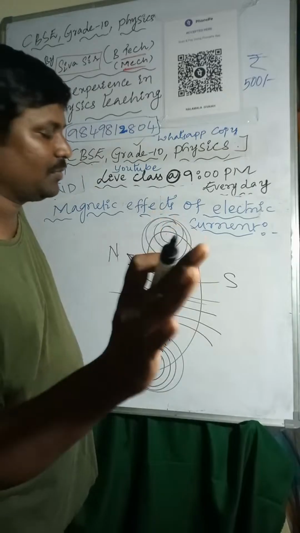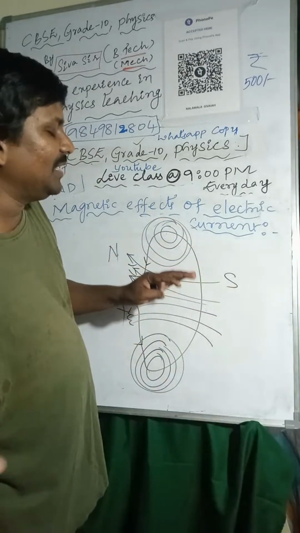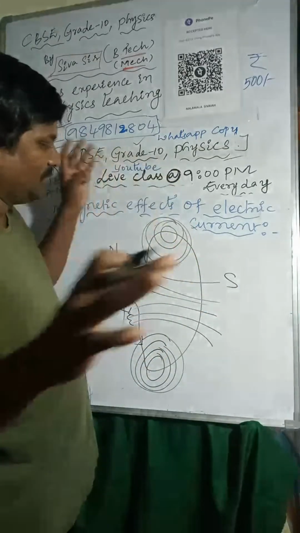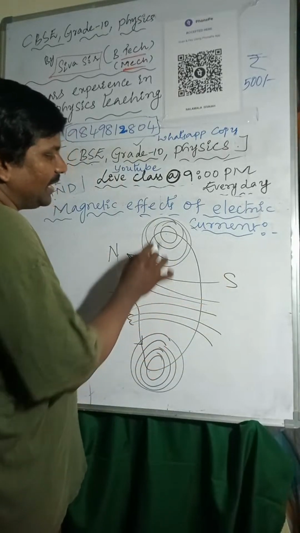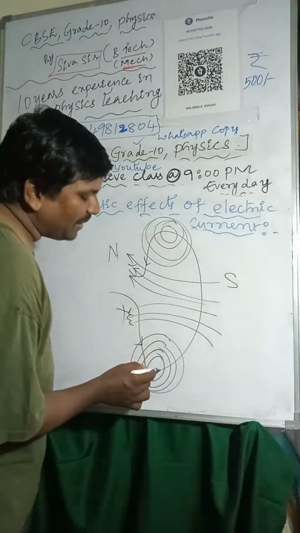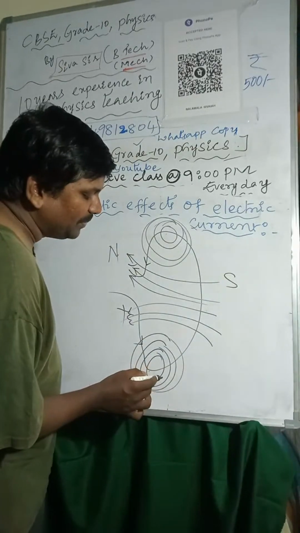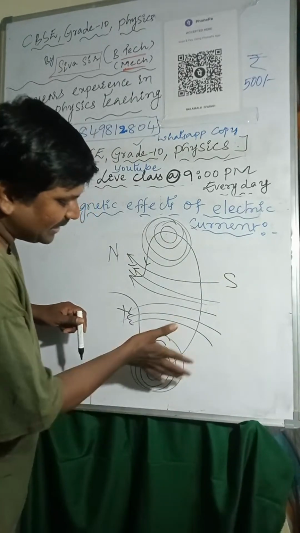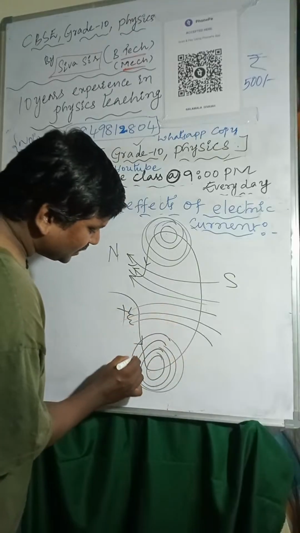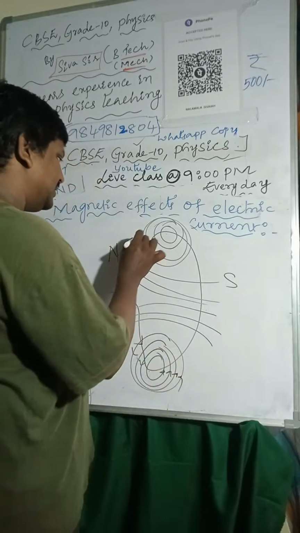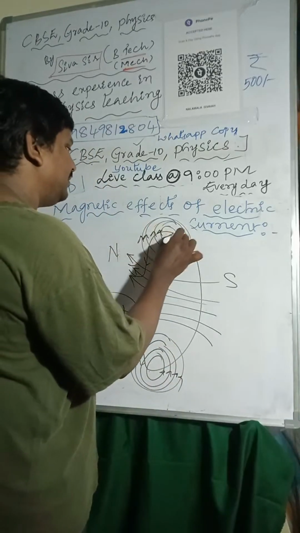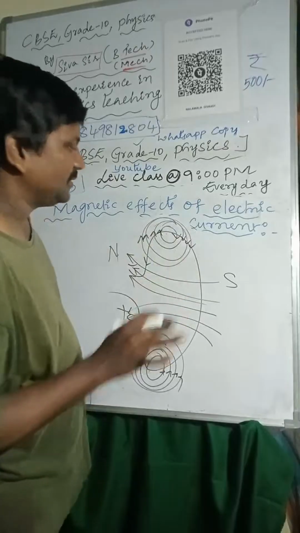Okay, very good. Your question is extraordinary, marvelous, and mind blowing. Here you can see the current is passing in the wire. So here the magnetic field will be there. If the current is passing like this, here it is leaving, here it is reaching, and here it is leaving, and here it is reaching.